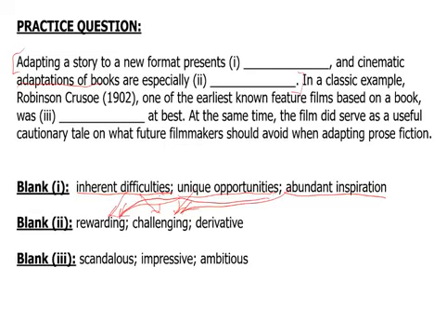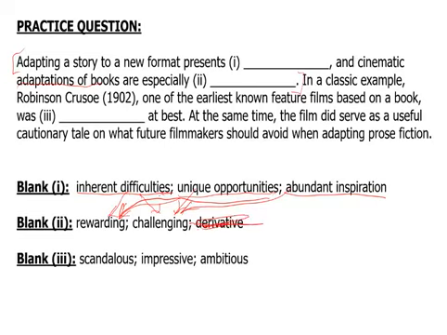So we have this tangle of arrows, and we're like, what is going on here? All these things can match. Derivative is kind of the odd one out because it is negative, so it doesn't match with the idea of opportunities or inspiration. But also, if something is derivative, presumably it hasn't been worked hard on. People just copied something else. So although difficulties and derivative are negative, derivative doesn't quite mesh with negative either.